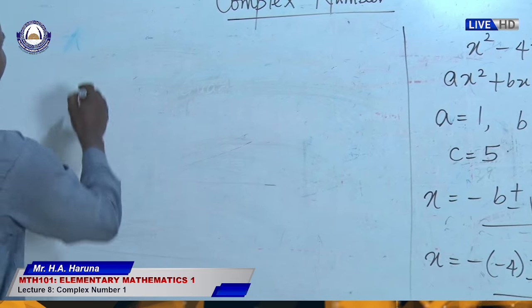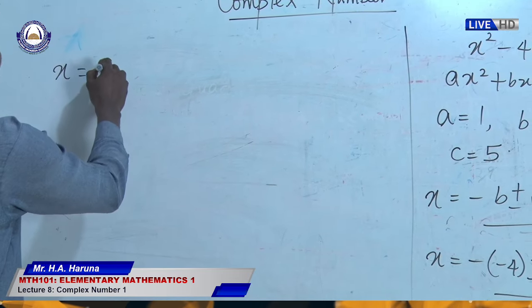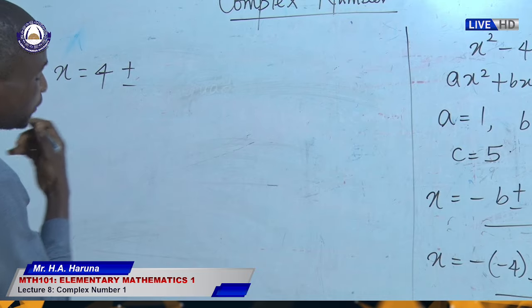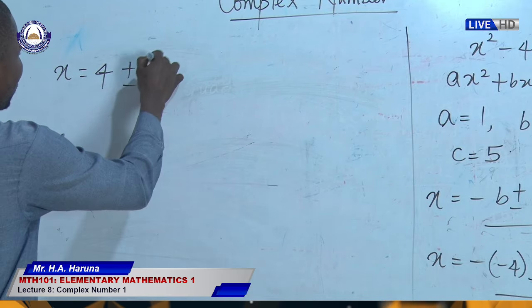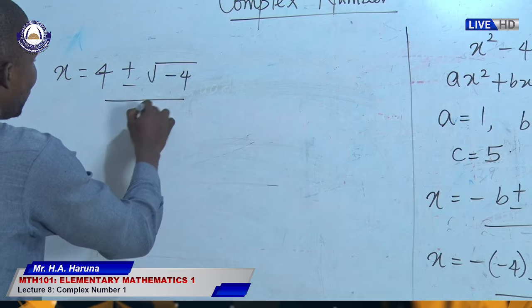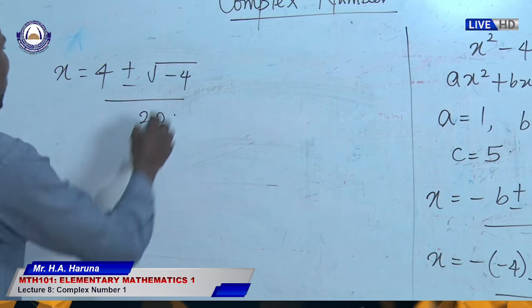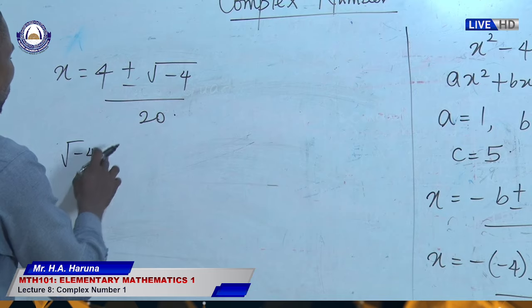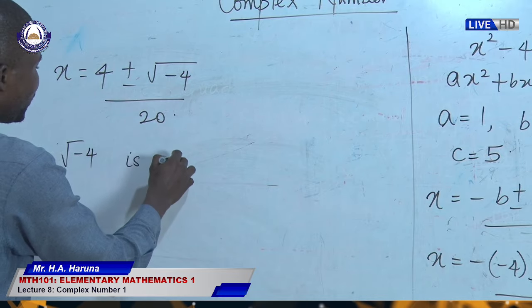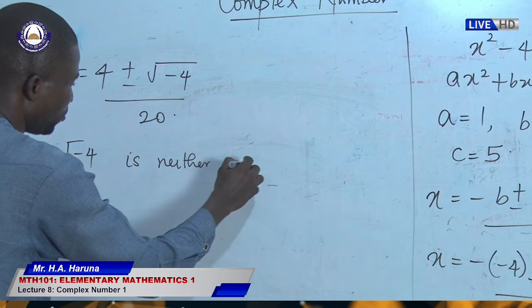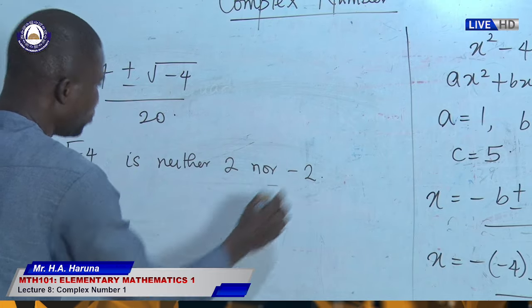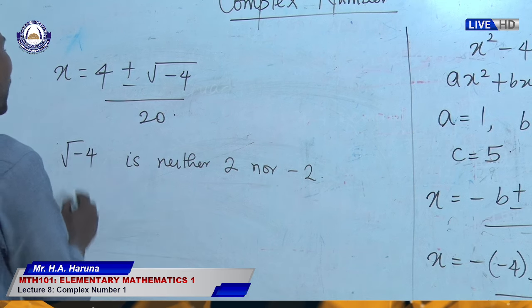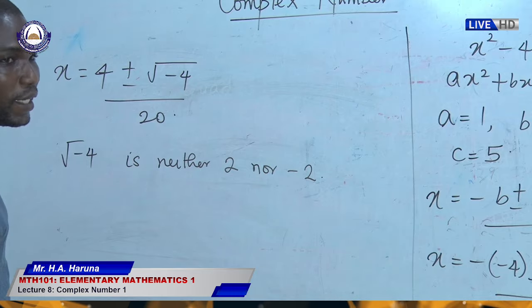So now we can say x equals 4 plus or minus the square root of 16 minus 20, which gives us minus 4, over 2. Now this is where we are going. The square root of minus 4 is neither 2 nor minus 2, because from real number theory, we cannot have square roots of a negative number.